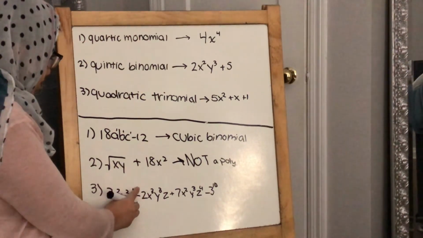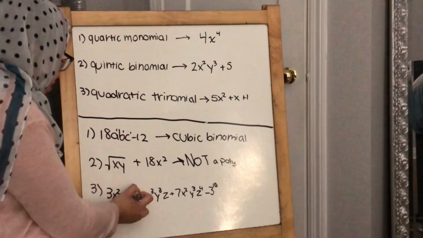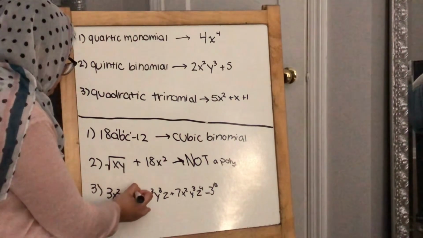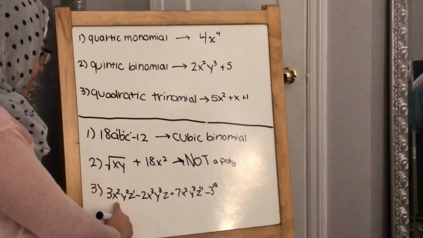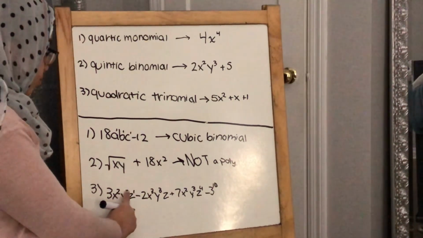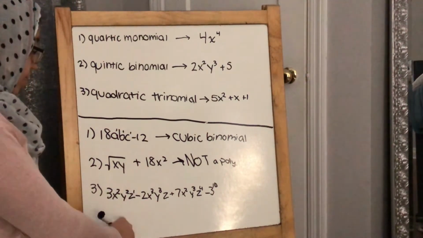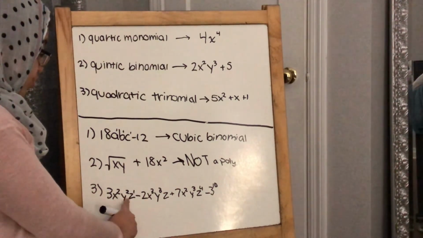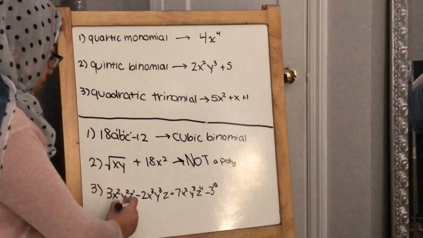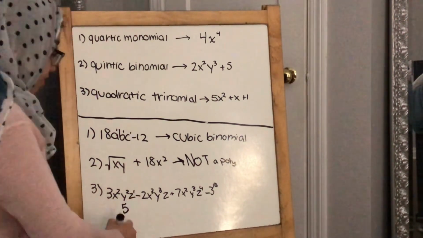So this first monomial has an exponent sum of 2 plus 2 plus 1, meaning that there are 2 x's, 2 y's, and 1 z. So if we add that up, we get 5.